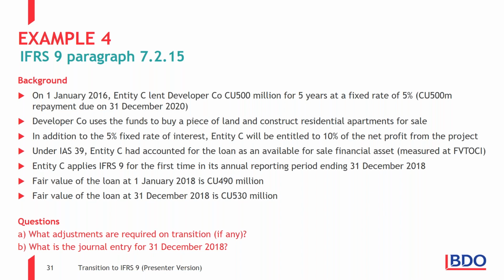And remember, 1 January 2018 is our date of initial application. And the fair value of the loan at the end of the year is 530 million. Now, questions. First of all, what adjustments are required on transition on 1 January 2018? And what is the journal entry for 31 December 2018, the end of that first year?